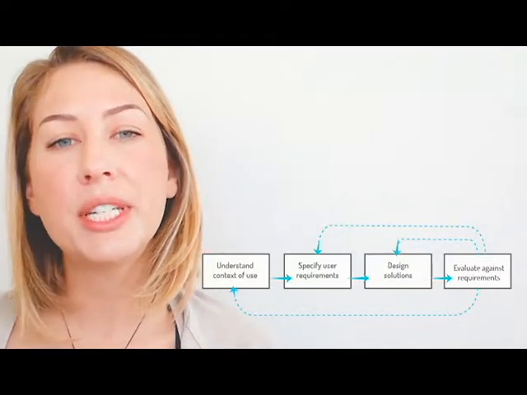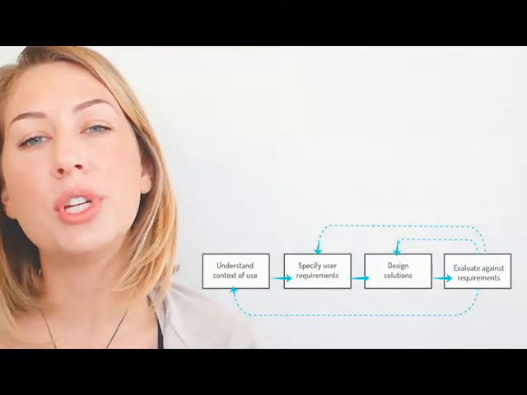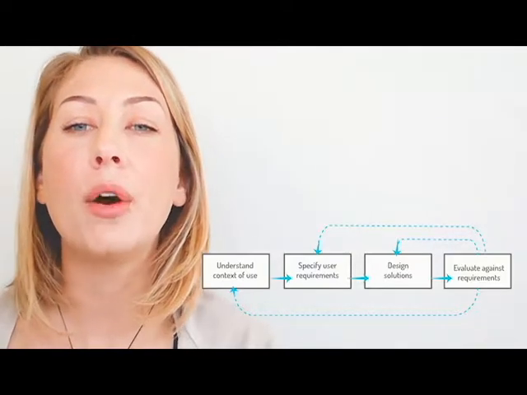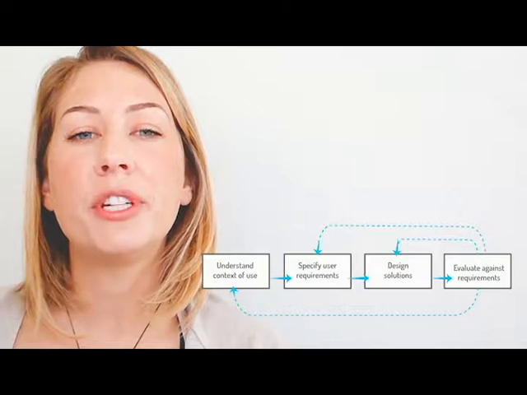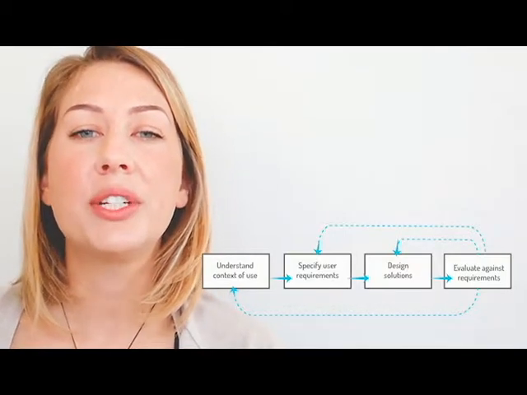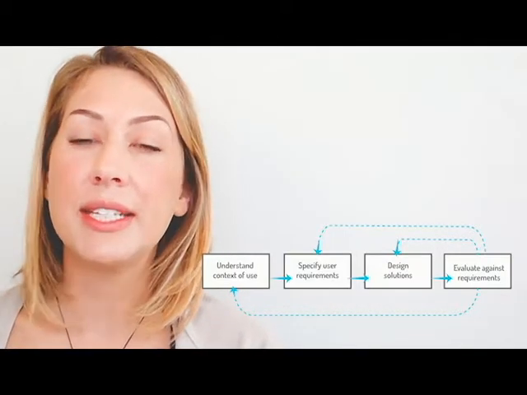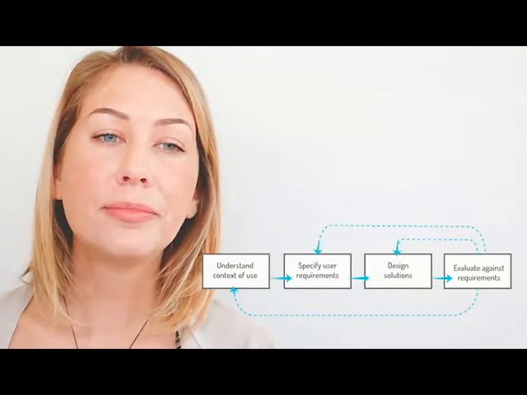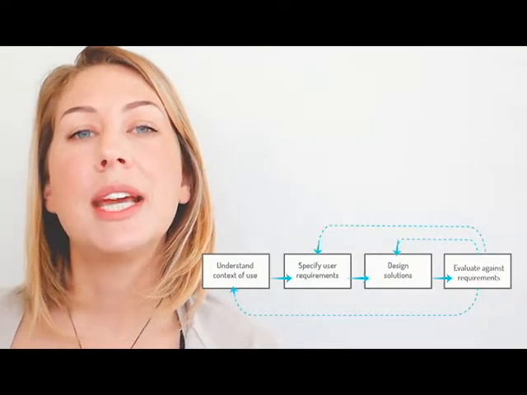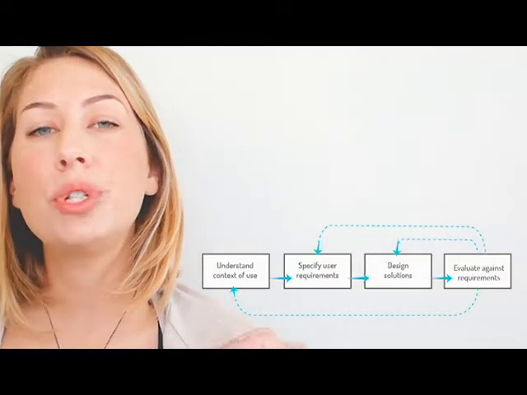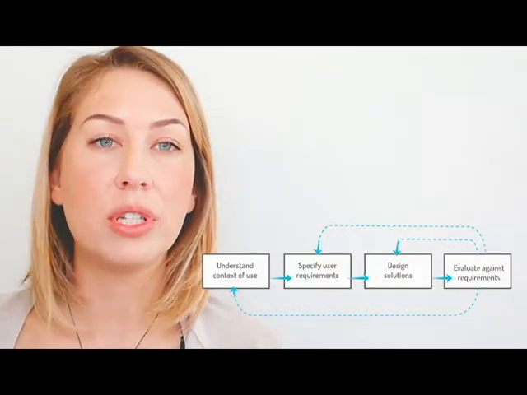And then in the third step, he develops a solution, and then last he evaluates how well this design met the requirements. So it's an iterative process where the designs are created and then tested and then refined. And also key to this process is the idea that the user is represented throughout each step.